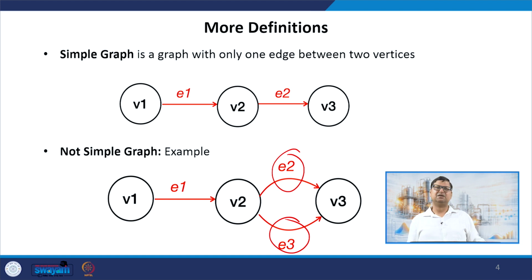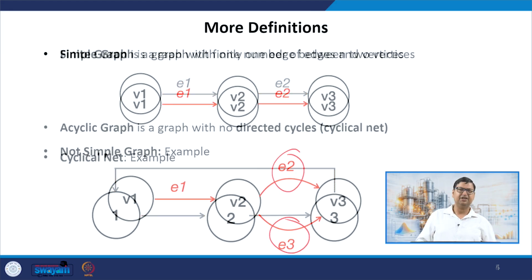So, there are cases in chemical engineering as well where we can define non-simple graphs, but I will restrict myself for simplicity to simple graphs only, except that I will discuss something called a self loop, right. But that again is a simple graph, but there is a loop to the same vertex where it comes from, right? But I will discuss that case as we come there.